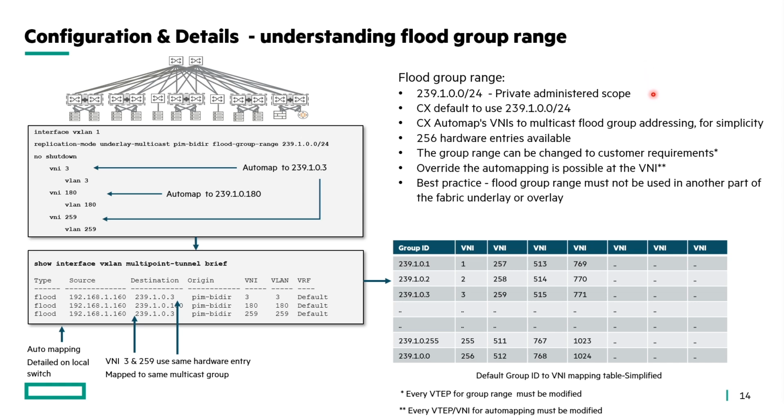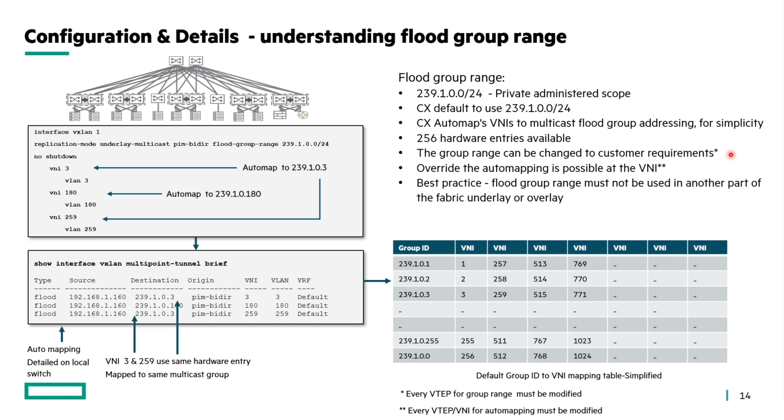So 239.1.0.0/24 is a privately administered scope, and this is the CX default which is used for the flood group range. Now CX switches auto map VNIs to multicast flood group addressing, and this is for simplicity. There are 256 hardware entries available.